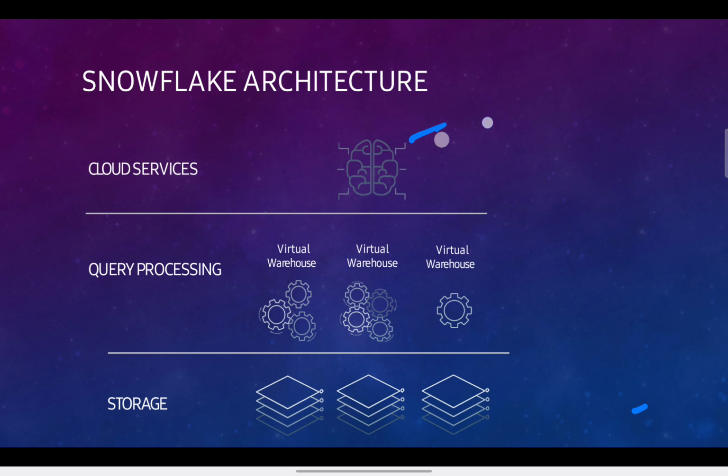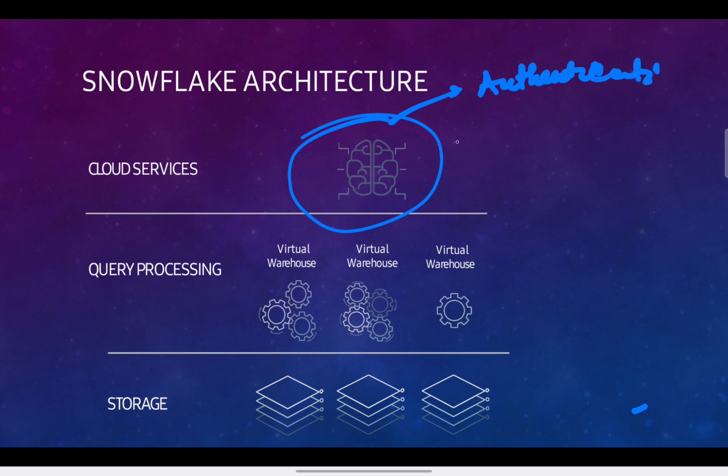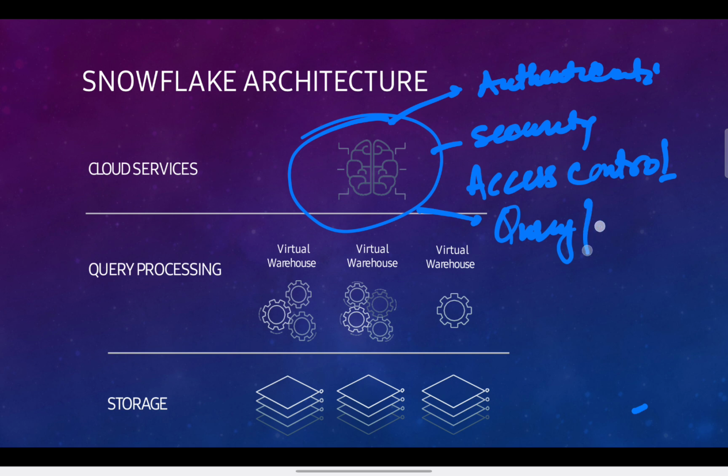All the security things and administrator level things will be handled by the cloud services. Access control means who's going to access which database or which warehouse, and query optimization and query parsing, and infrastructure management, are also handled here.